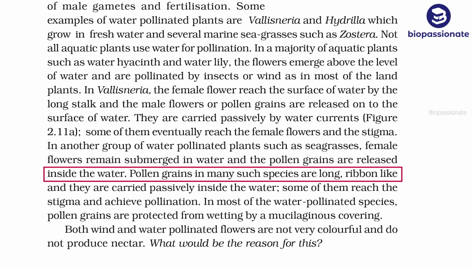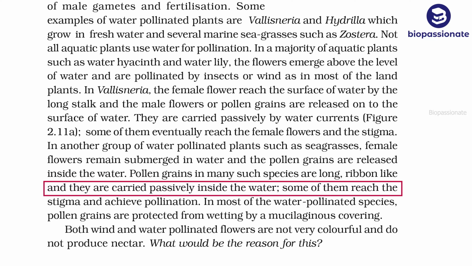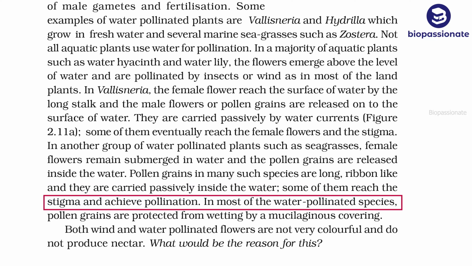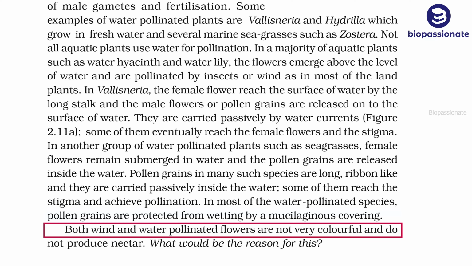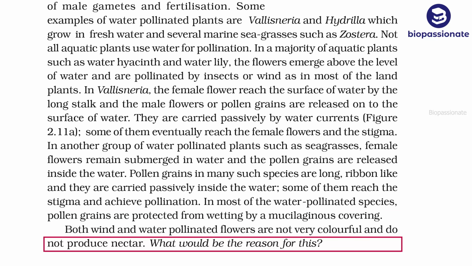Pollen grains in many such species are long, ribbon-like, and they are carried passively inside the water. Some of them reach the stigma and achieve pollination. In most of the water-pollinated species, pollen grains are protected from wetting by a mucilaginous covering. Both wind and water-pollinated flowers are not very colorful and do not produce nectar. What would be the reason for this?